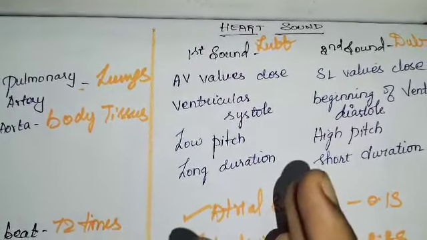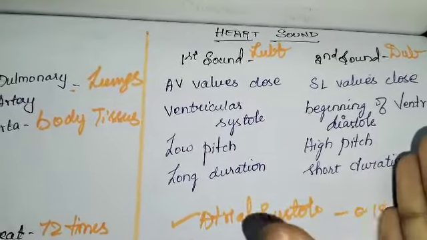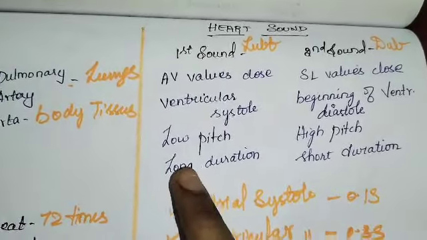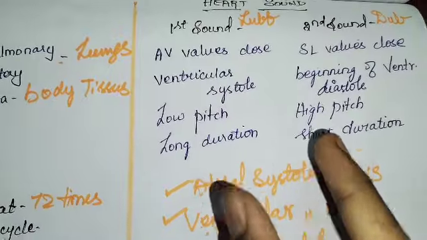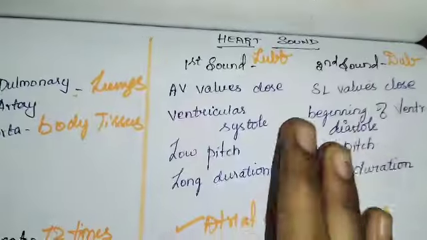We hear very little sound, but we hear a very high pitch. High pitch means we hear loudly, and the lub has a long duration, it takes somewhat more time, and the dub has a short duration. So this is about heart sound.